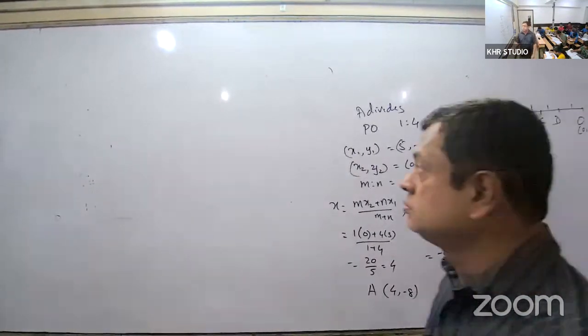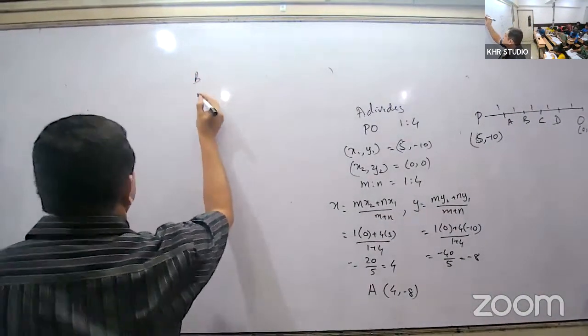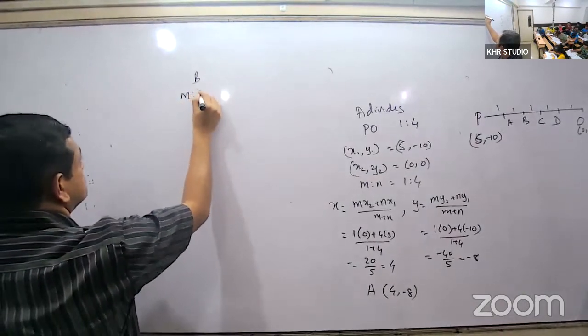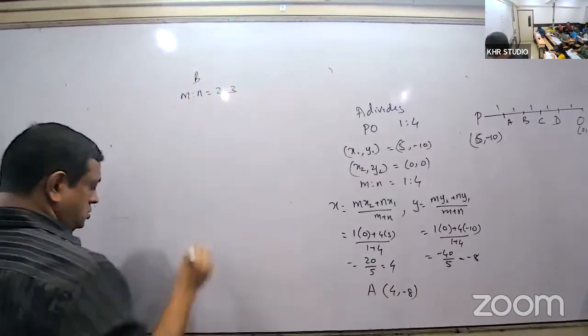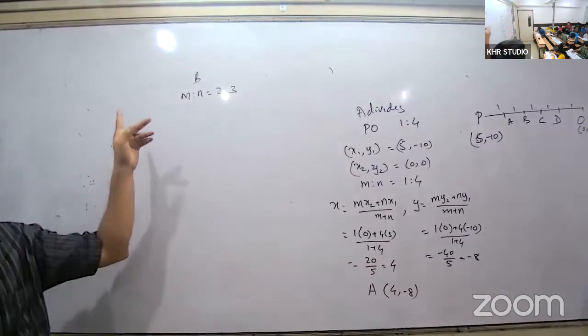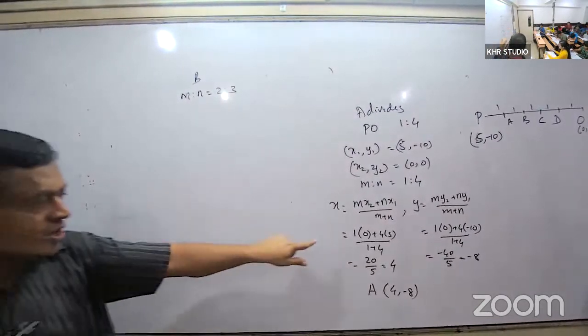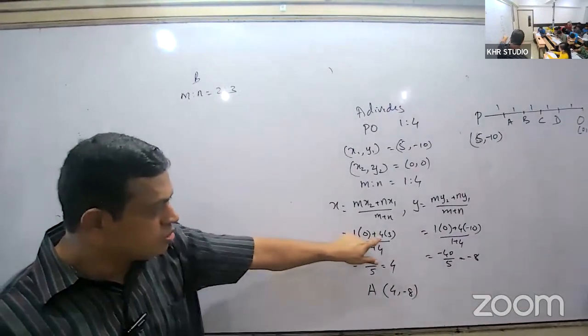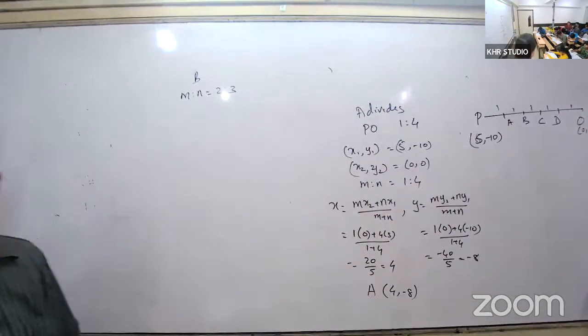Remaining is all the same thing, formula and all. Only the ratio changes. You can look over here. Instead of this one, 2 and 3. That's easy to do.